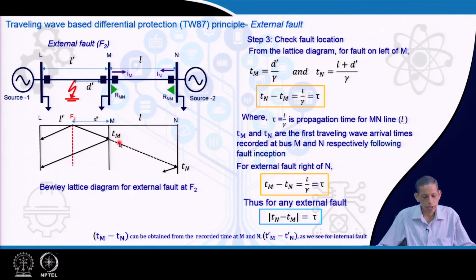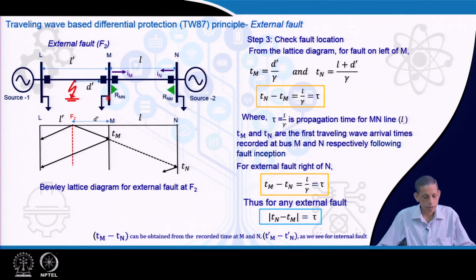So, the time difference between T n and T m corresponds to the space distance L. So, T m equals d dash upon gamma and T n equals L plus d dash upon gamma, assuming the velocity of propagation for the line sections to be the same. Therefore, T n minus T m corresponds to the space L, so L upon gamma, the velocity of propagation, equals tau.